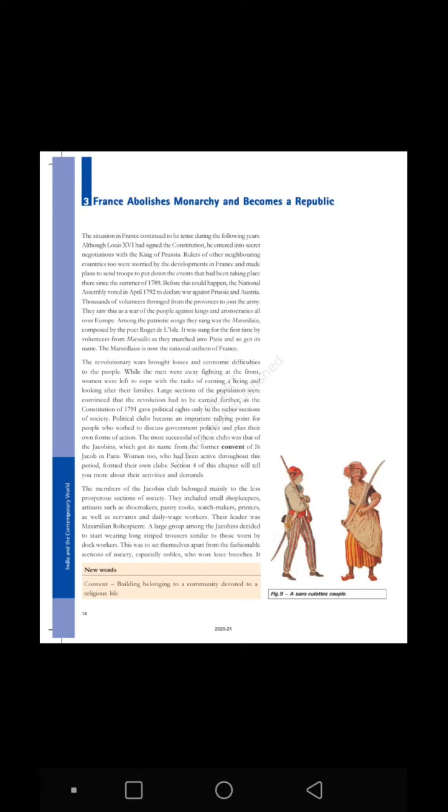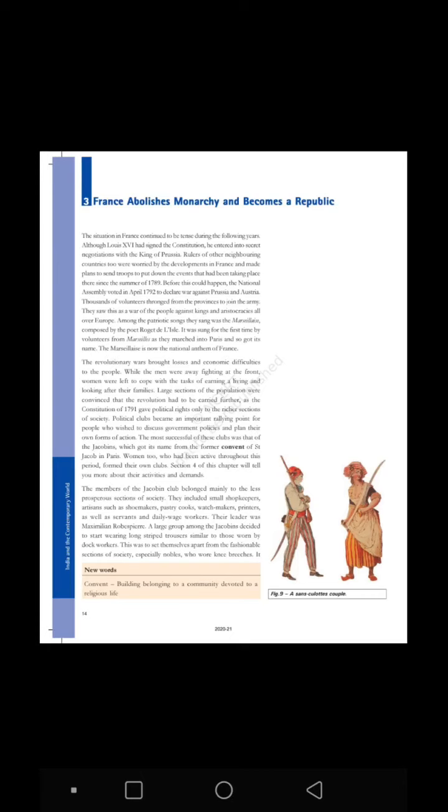Rulers of other neighboring countries too were worried by the developments in France and made plans to send troops to put down the events that had been taking place since the summer of 1789. Before this could happen, the National Assembly voted in April 1792 to declare war against Prussia and Austria.